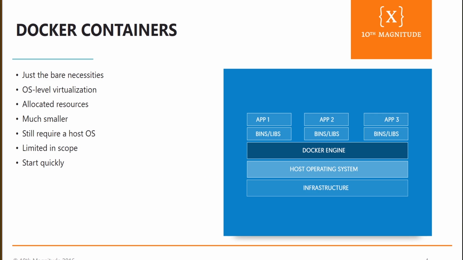Docker containers, though, are just networking, libraries, storage, and applications. They do not have a kernel. They share the kernel with the host, and that host is what the Docker engine is running on. So these are operating system level virtualization. They do not present virtual hardware to the container. It doesn't need it. It doesn't care about it.